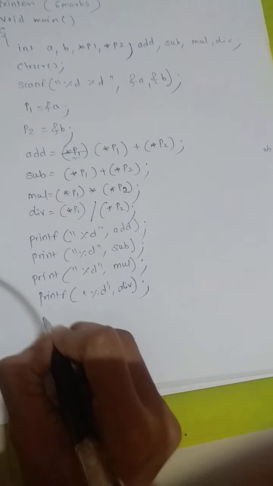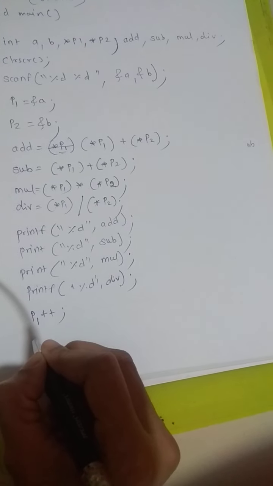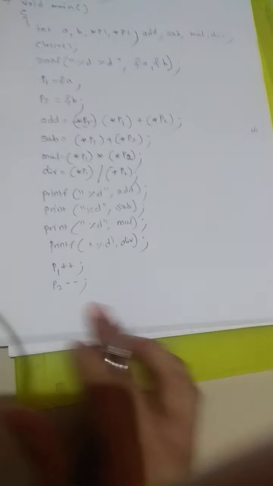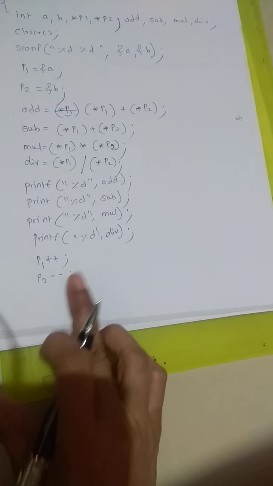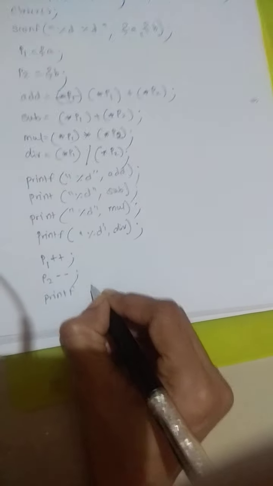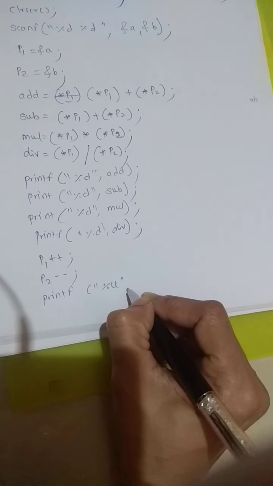If you want to perform increment and decrement operation, this is also possible. That is p1 plus plus, p2 minus minus. Means here we increment the pointer address and decrement the pointer address. If you want to display this, just use %u to display the address.